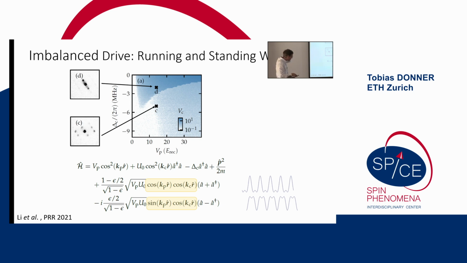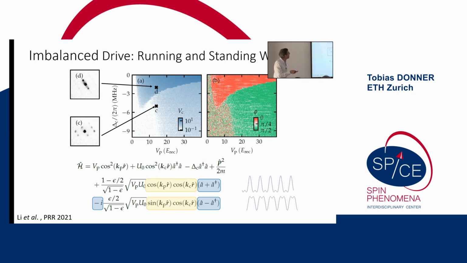Very important, you see also that one structure, the stripe, is coupling to the real quadrature of the cavity field, while the checkerboard couples to the imaginary quadrature, so i times (a minus a dagger) of the cavity field. So by looking at the phase of the cavity field with a heterodyne detector, we can distinguish the two cases. That's shown here. You see color-coded that the phase is doing a jump from 0 to pi over 2, going from one phase into the other.